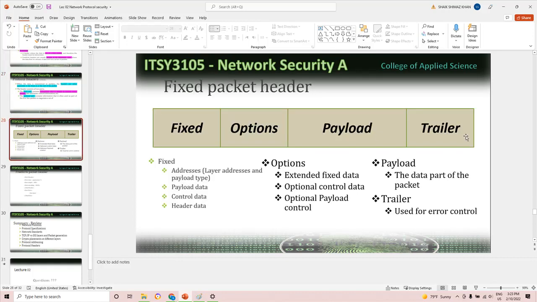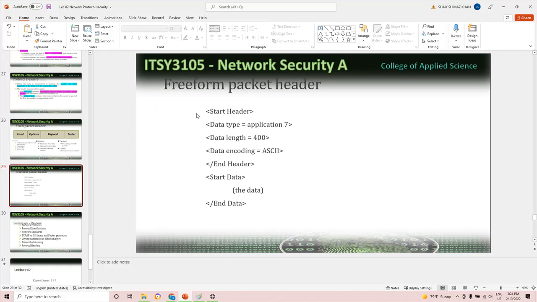When the data is attached to the headers, this is how it looks: the front side fixed, options, then you have trailers. Clear? There is no need to memorize this, students. Free form packet headers are used in the application layer, like when you send HTML data from one system to another.